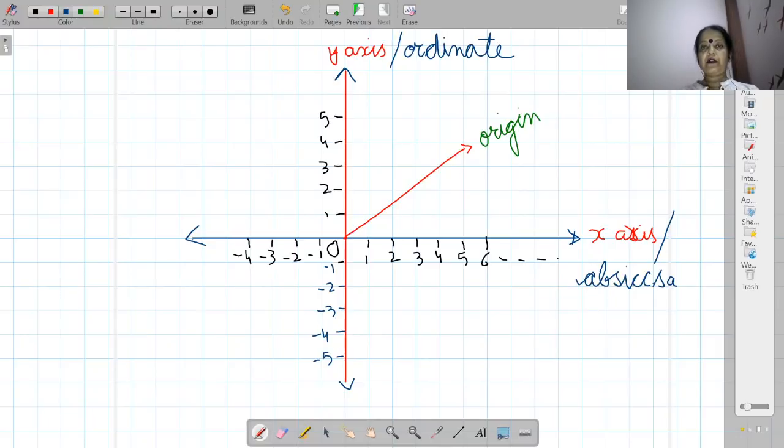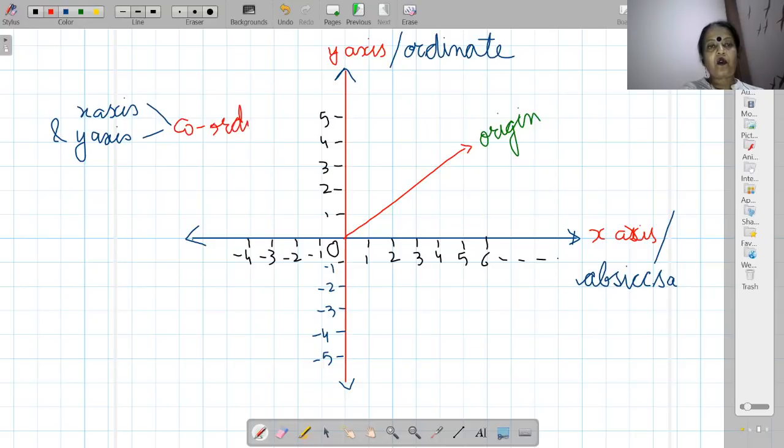And ordinate and abscissa, or we can say the x-axis and y-axis, together make coordinate.